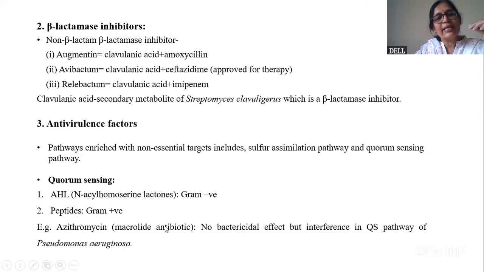By blocking the quorum sensing molecules like acyl homoserine lactones or the peptides, we can actually sensitize the bacteria to antibiotics. Azithromycin is one macrolide antibiotic which does not have bactericidal activity, but interferes with the quorum sensing pathway and makes them more susceptible to other antibiotics.